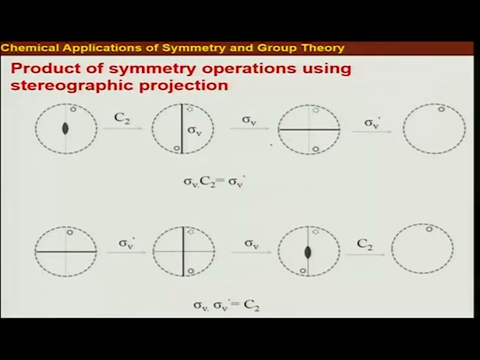For example, here we showed as a preliminary example the point group C2v, and we used any general point and then operated C2 on that, and then sigma v on that, and ultimately what we get is the result of the product of these two symmetry operations, right?